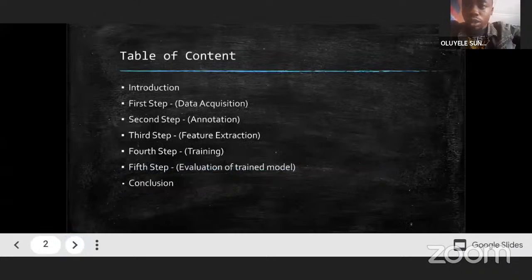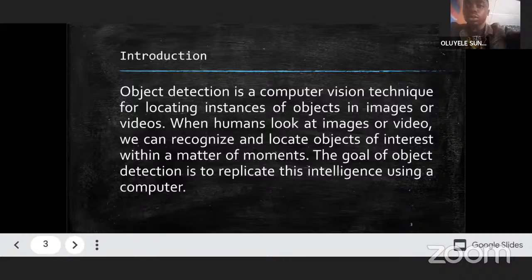So the outline for my presentation: we have the introduction, the data acquisition, annotation, feature extraction, the training proper, the evaluation, and the conclusion. So going straight into the introduction, we need to understand what object detection is.